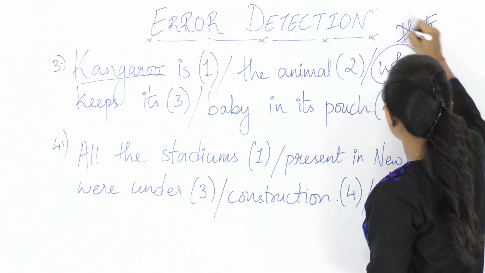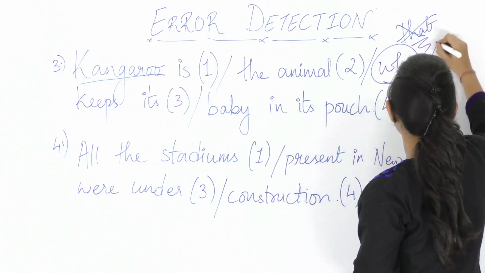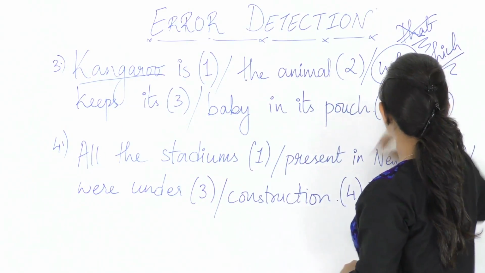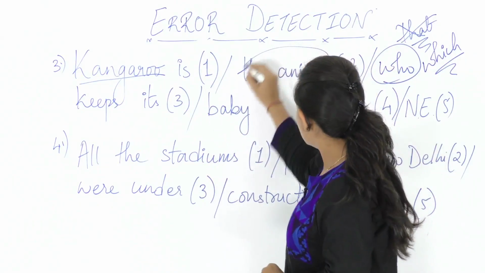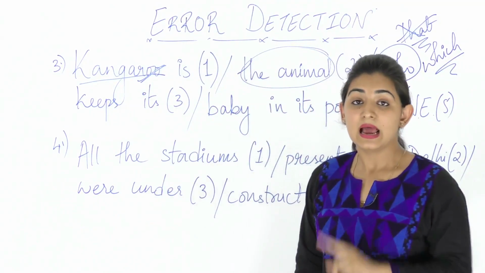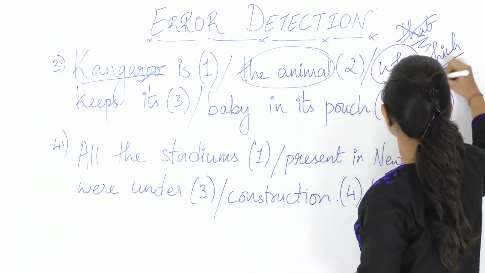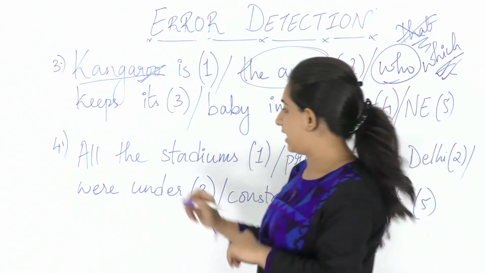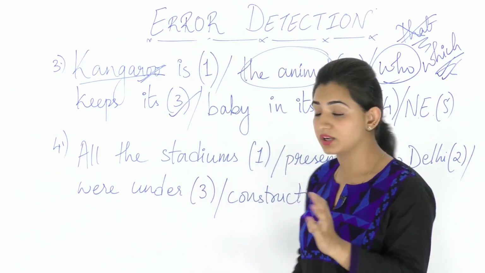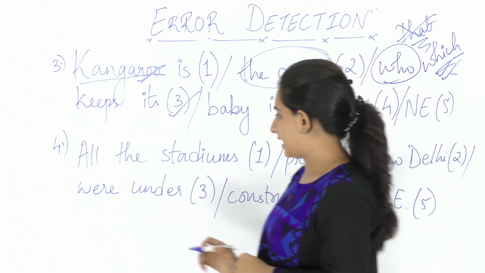But that will also not be placed here. Why? What we will place is which. Why? Now in all the animals only kangaroo is selected, and whenever we talk about the selection point, we always place which. So we have the error in part 3, and what is it? We will place which in place of who. Let's proceed to the next one.